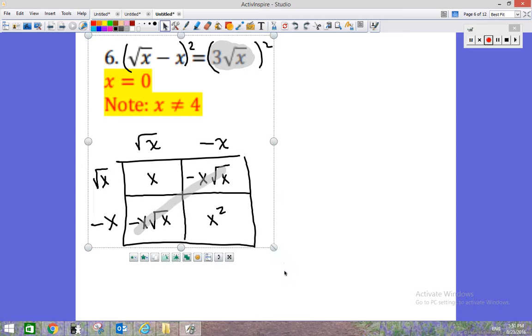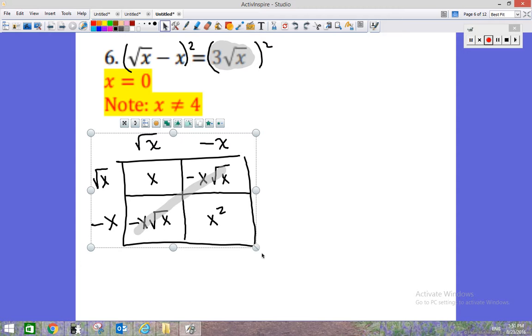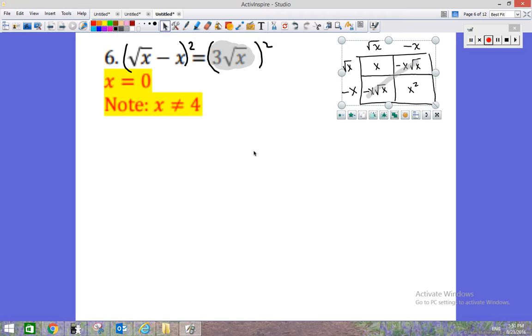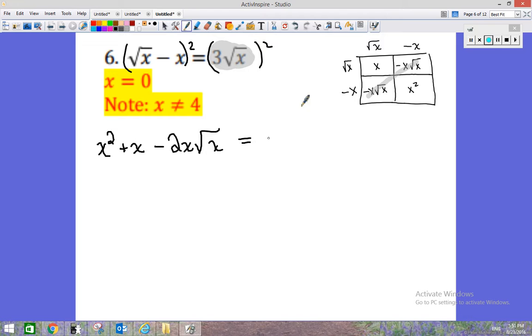So let's get our table out of the way. On the left hand side, our table helped us recognize that we have x squared plus x minus 2x radical x. But on the right hand side, the 3 also has to be squared, and when you square the radical, it goes away.